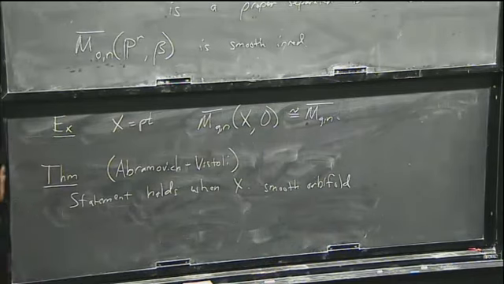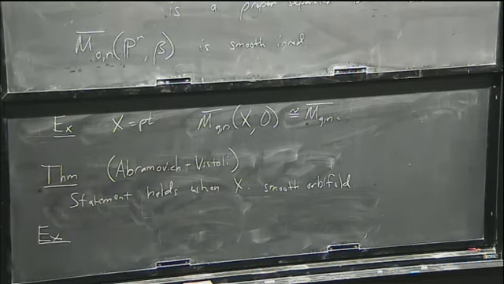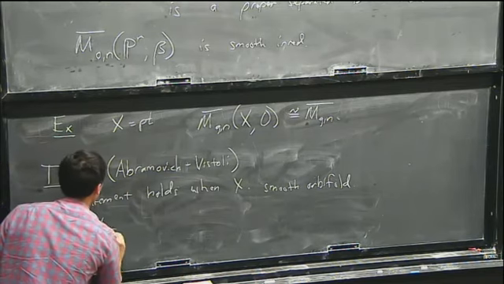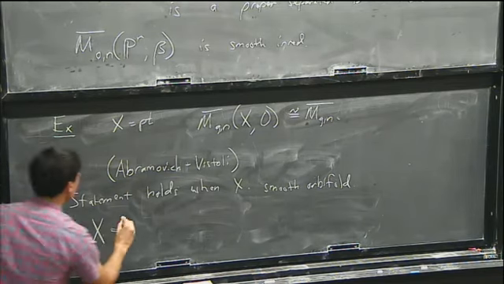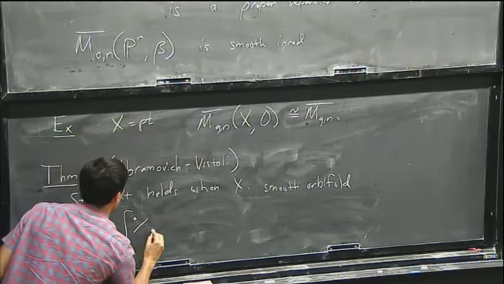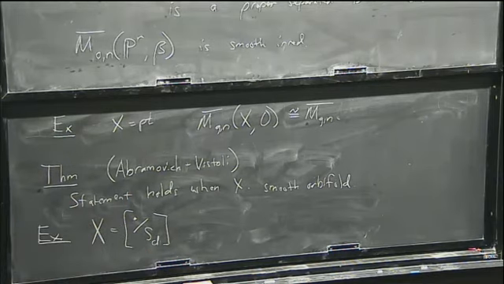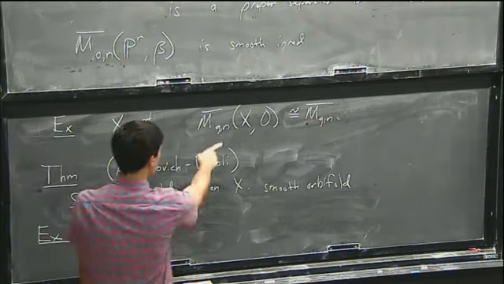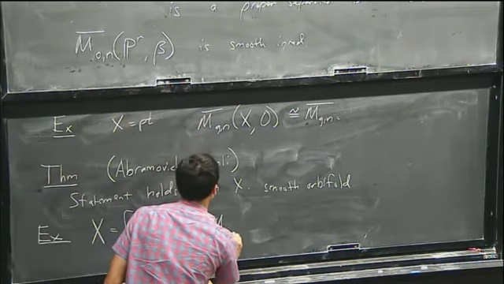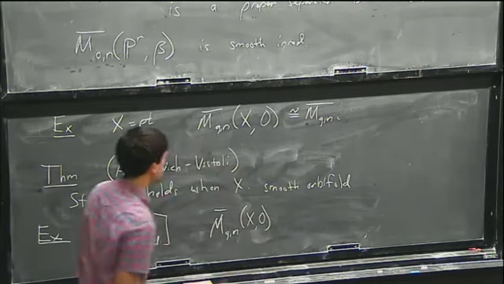I'm going to talk a lot more about these spaces next week, but as a parting example of why one might care about them, let's take X to be an extremely trivial-looking orbifold. So take a point and mod out by the trivial action of a symmetric group. Then what is this space? It turns out to again be something previously interesting.